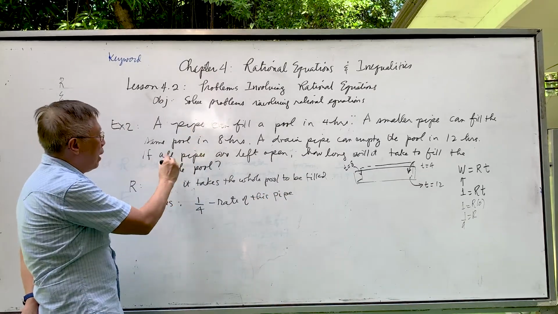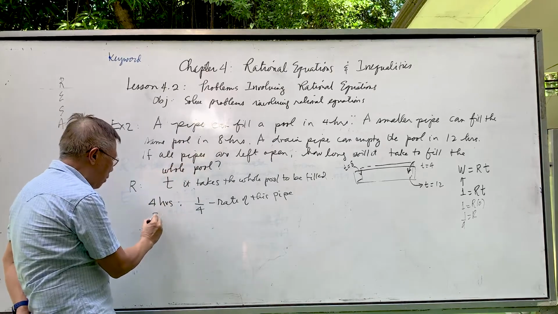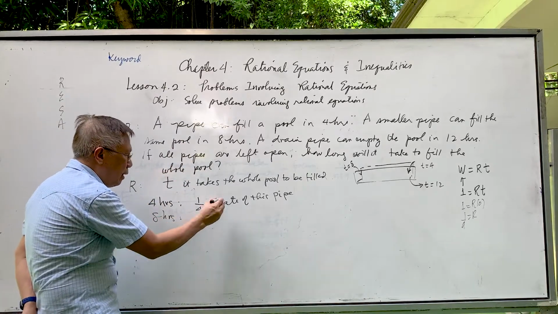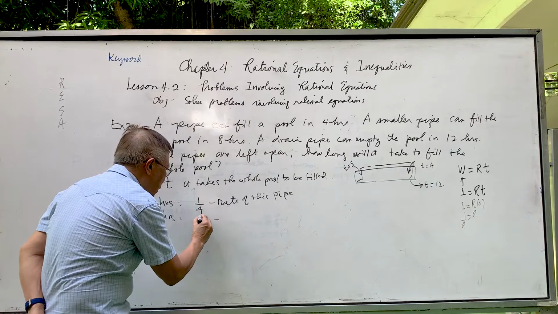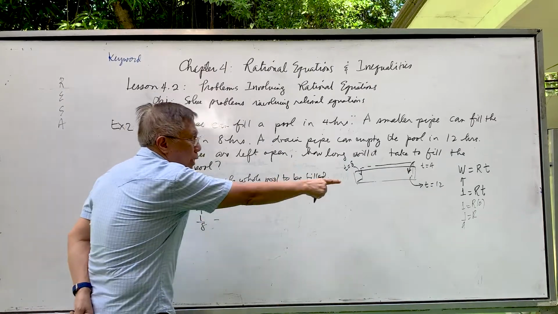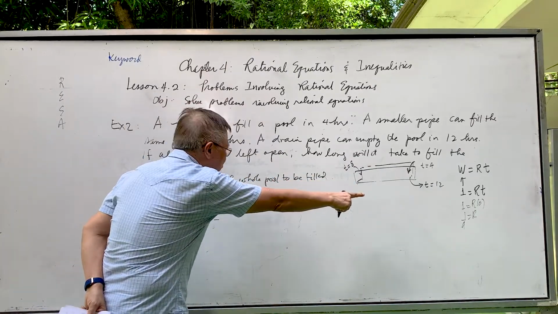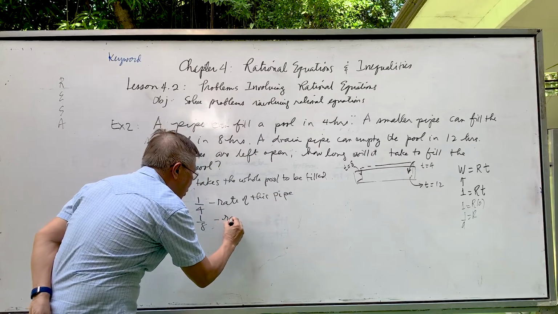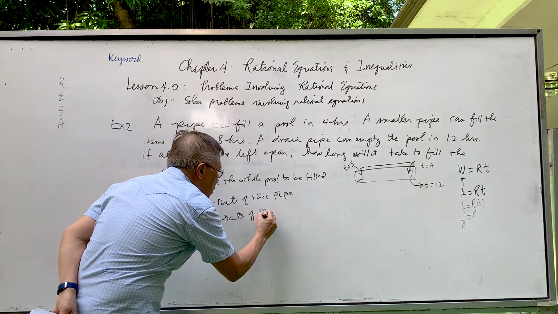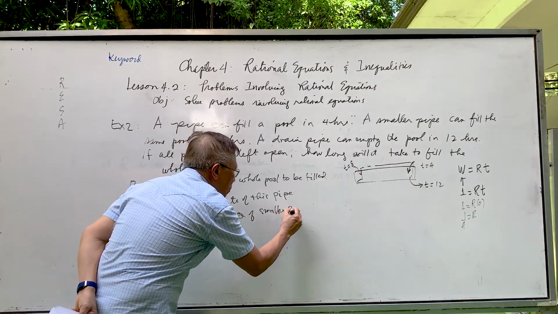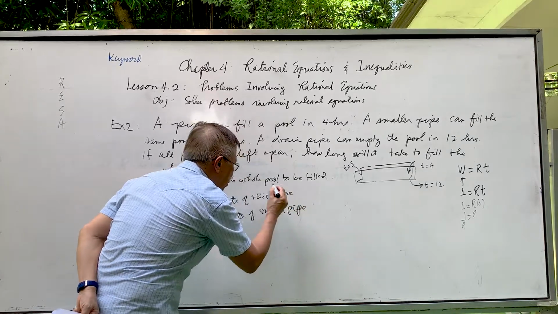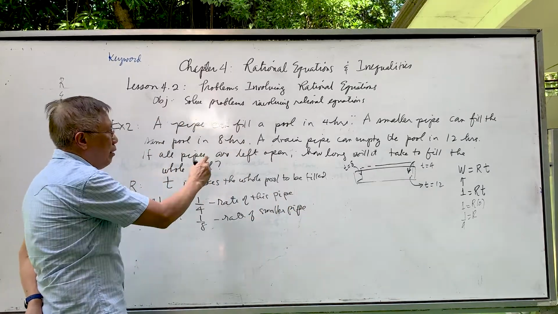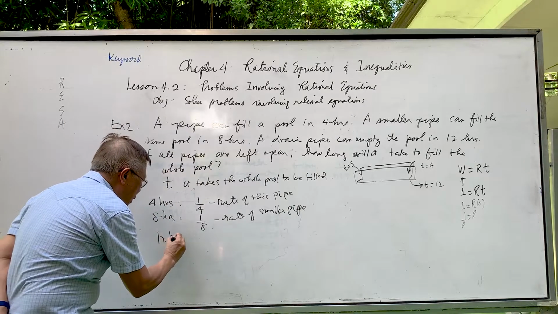Now, if the other pipe fills it in 8 hours, then the rate of this pipe will be 1 over 8, as we have illustrated solving there. So, rate of smaller pipe. That's how fast it is going to fill the pool. And for the drain pipe, we have here 12 hours.